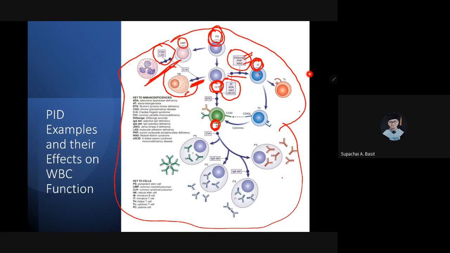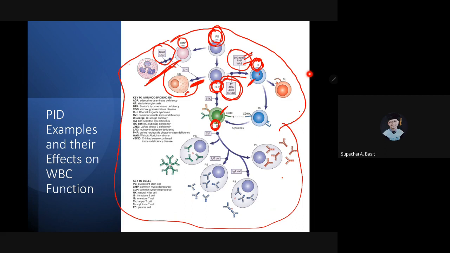This would include AT, which stands for ataxia telangiectasia, and ADA, which stands for adenosine deaminase deficiency. And then we also have JAK3, which is the Janus kinase 3 deficiency, and the XSCID, which stands for the X-linked severe combined immunodeficiency syndrome. Okay, so these are actually some of the worst immunodeficiency disorders, because you have a deficiency of both immature T cells and immature B cells.